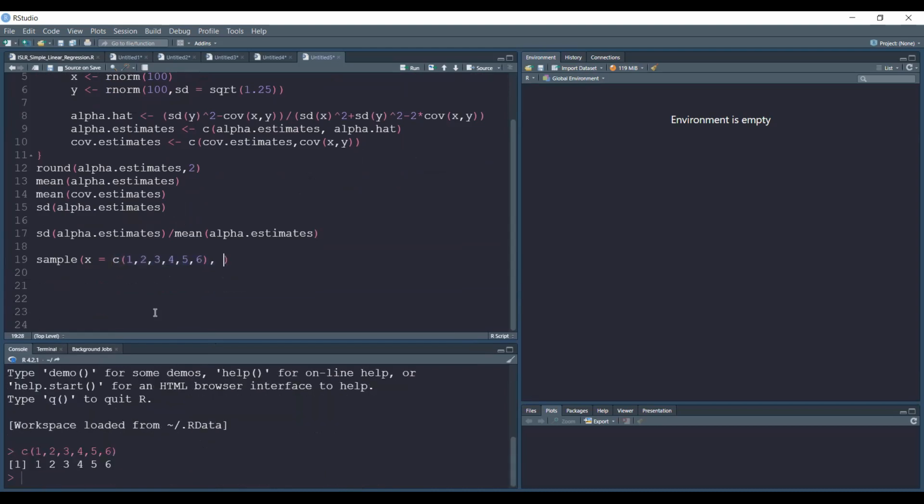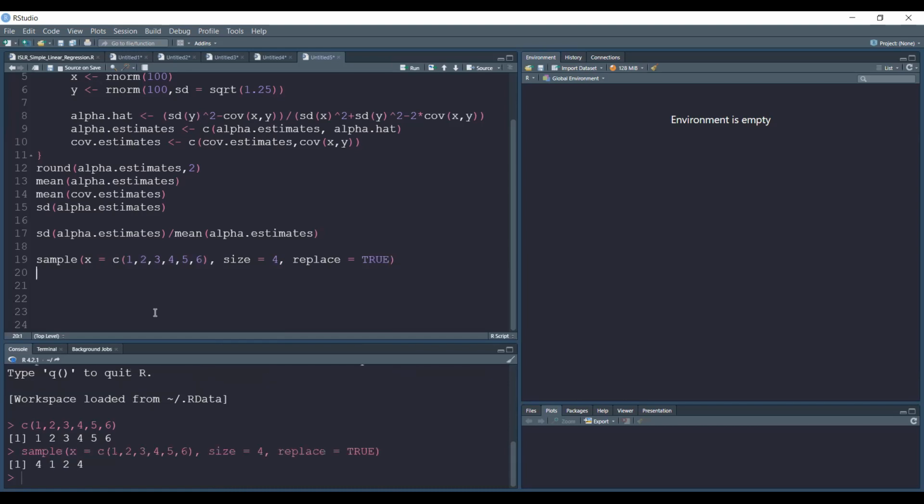What we can do with the sample function is tell it to pick 4 values, replacement true, and probability. Without specifying the probability, I think they're all equally likely. And look, I generated 4, 1, 2, 4, and then I do it again, and then I do it again, and then I do it again.